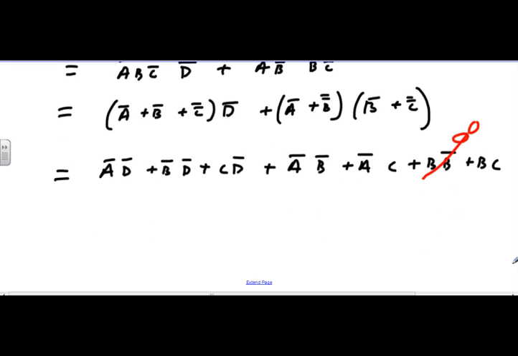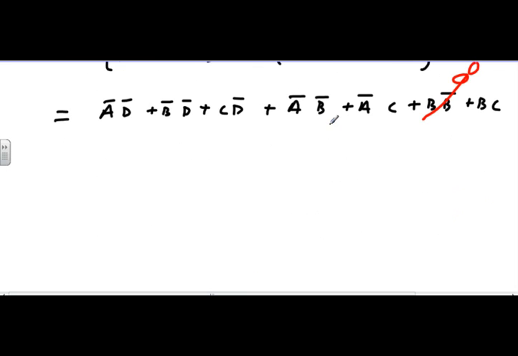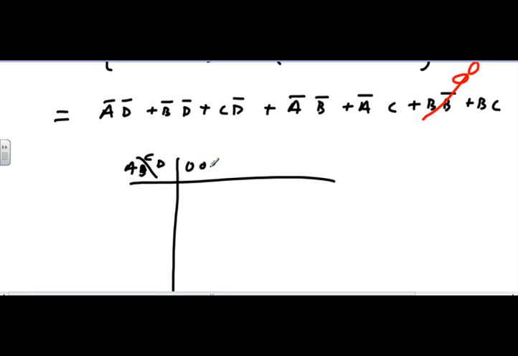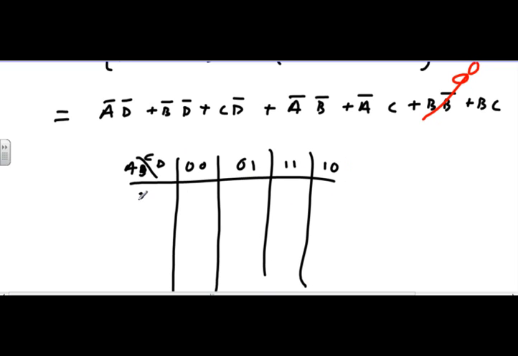I see absolutely nothing there right offhand, so I'm going to do a Karnaugh map and see if I can make something out of this. A, B, C, D: 0, 0, 0, 1, 1, 1, 1, 0, and 0, 0, 0, 1, 1, 1, 1, 0.